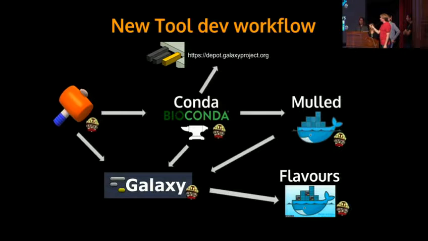We will create from this Conda package automatically Docker containers for you. That is also done. This is called the Multi-Package Containers project. And then if you have the Galaxy integration, you get flavors more or less for free, and you can put in a Galaxy tour as well.